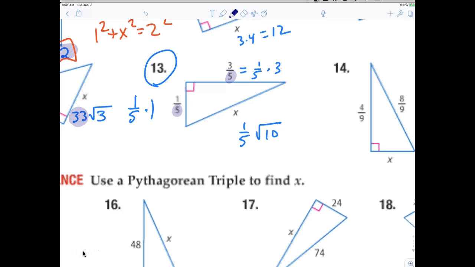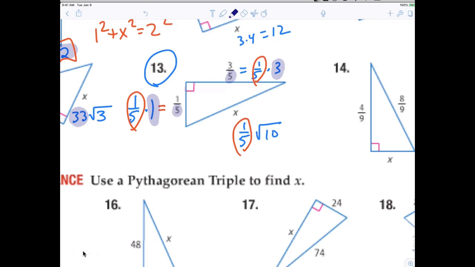Do you agree that 1/5 times 1 is equal to 1/5, and 1/5 times 3 is equal to 3/5? So I put the 1/5 down here because it was common here and here. And then I just did the Pythagorean theorem with 1 and 3. Okay, yes ma'am.